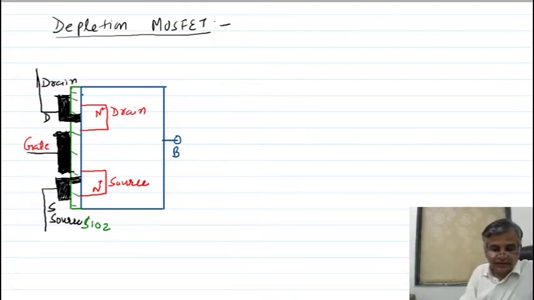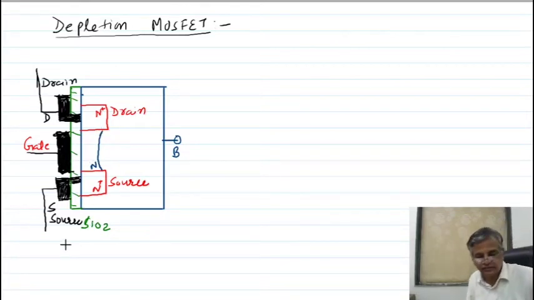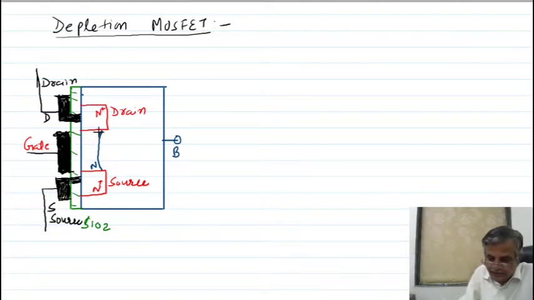There is a continuous channel existing between the source and drain of N-type material. That is shown in the symbol in this way. This is a continuous channel, you can see.